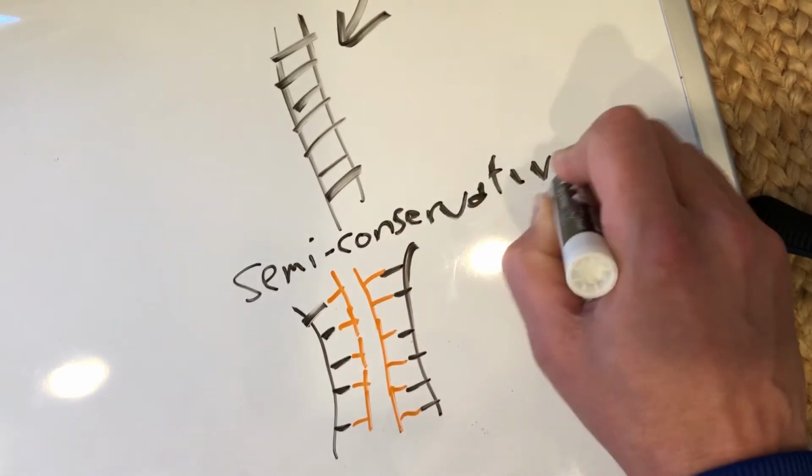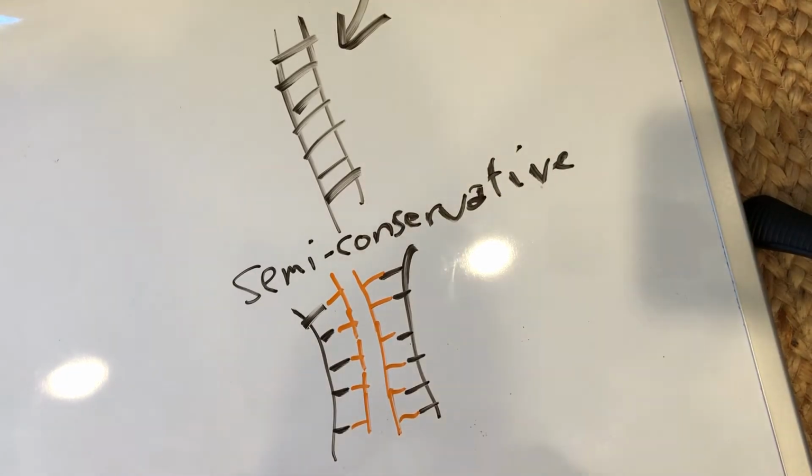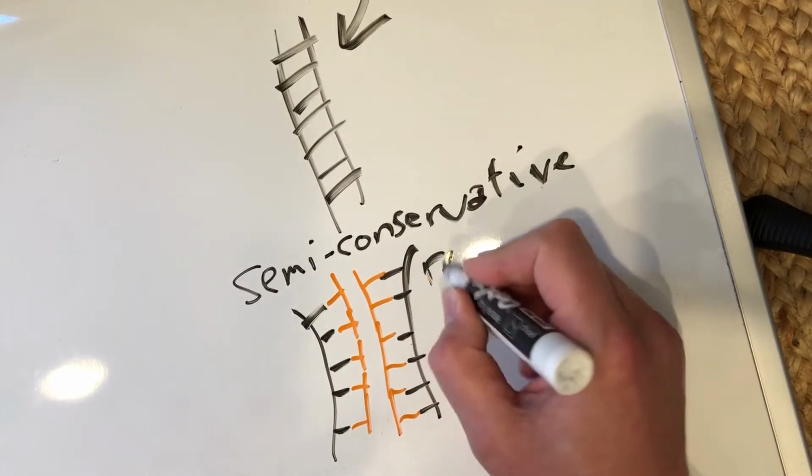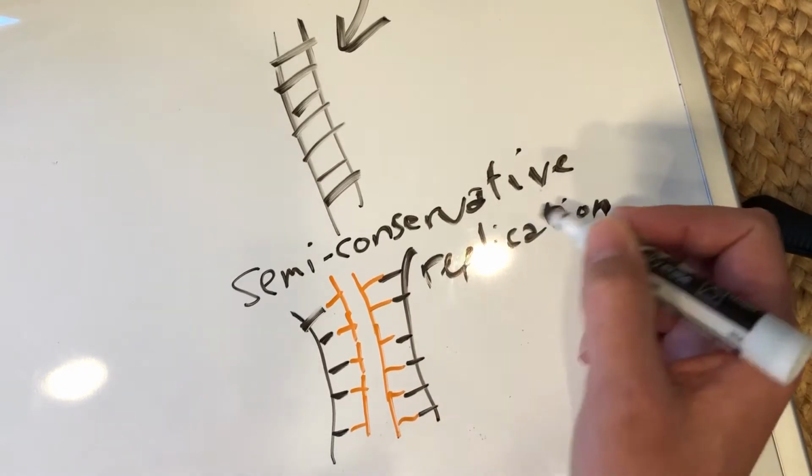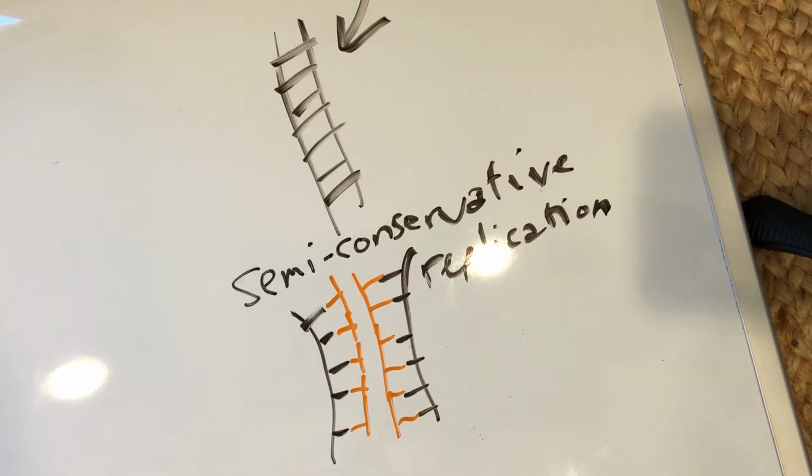Right? And you have an exercise to do that replicates the experiment that confirmed this. This is the Meselson and Stahl experiment. And I just want to walk you through this, apply the concept real quick.